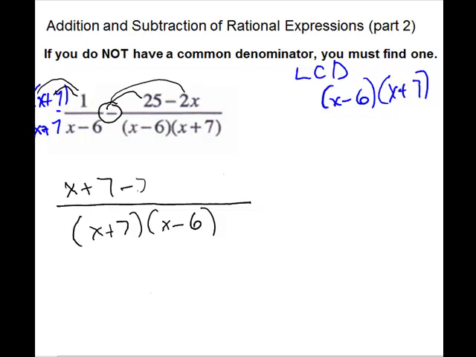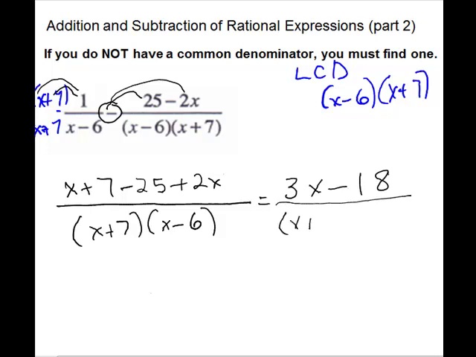So we'll get minus 25 plus 2x. Now, I'll combine on the numerator. 2x plus x is 3x. On our constants, different signs, subtract sign of the larger over this denominator.